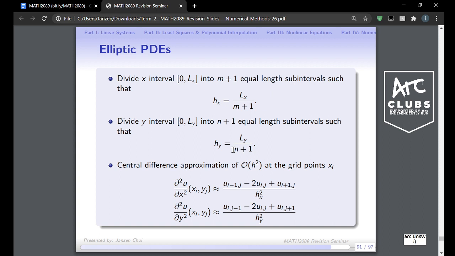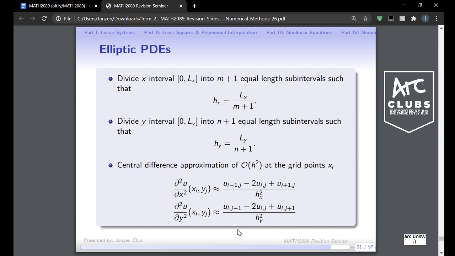So for each point on the subinterval, we are using the central difference approximation to approximate the partial derivatives. Since these partial derivatives are of second order, we will be using the second order central difference approximations for the 2 partial derivatives.